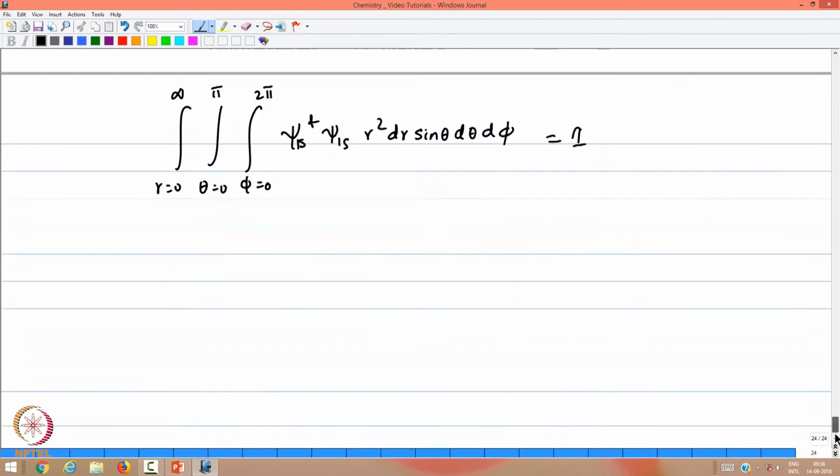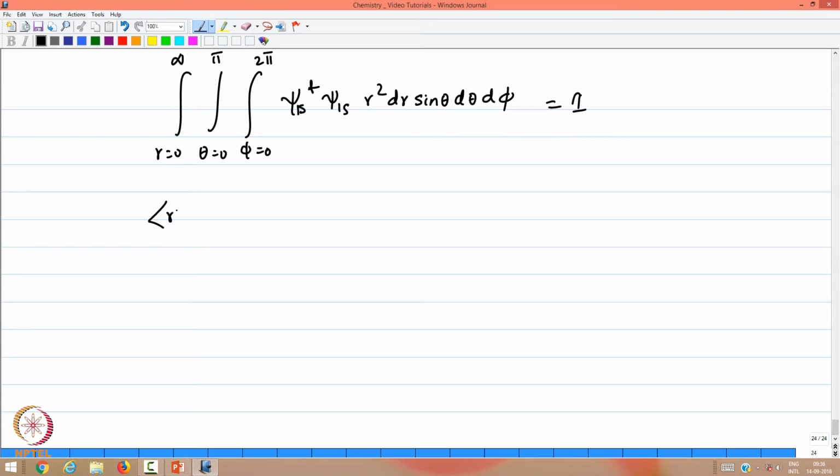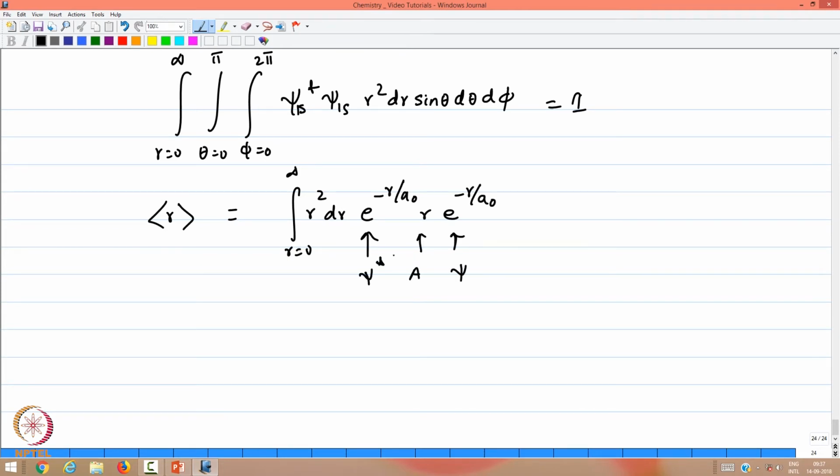Therefore, when you calculate the average value of r, you have to do exactly the same thing, namely r is equal to 0 to infinity r square dr and exponential minus r by a naught, or exponential minus r by a naught. So, this is psi a psi, can write it as psi star.